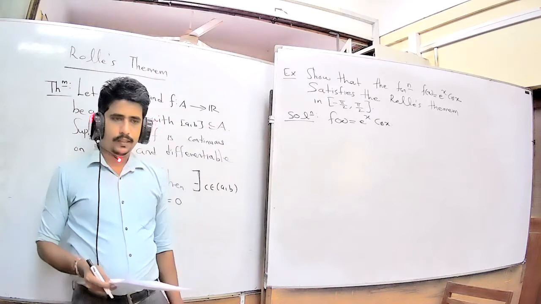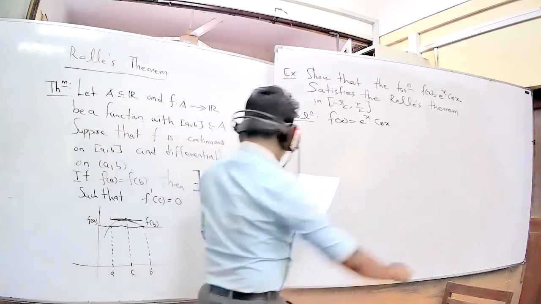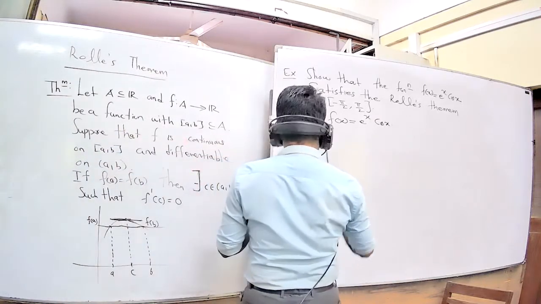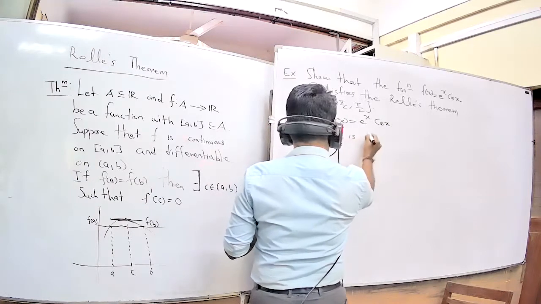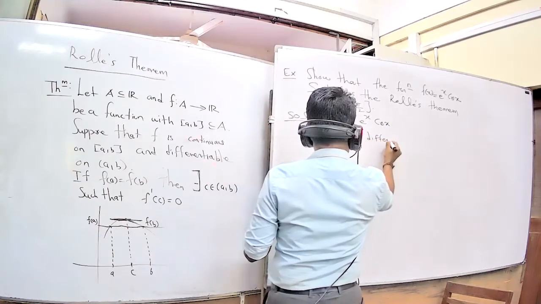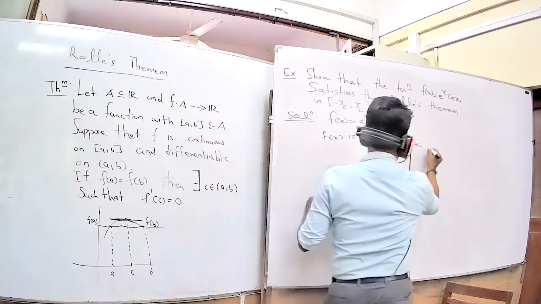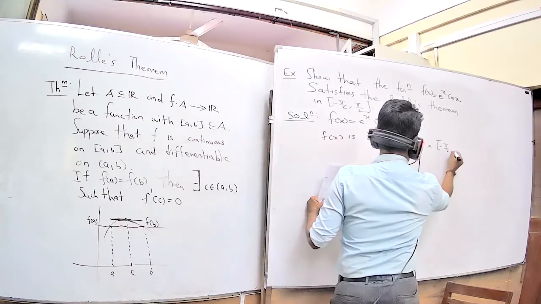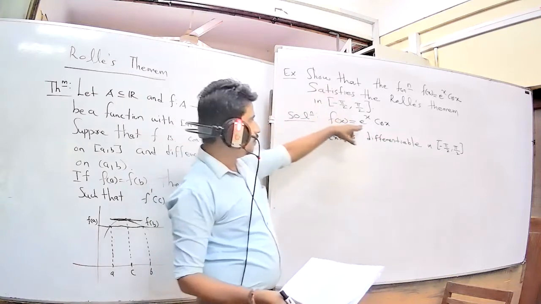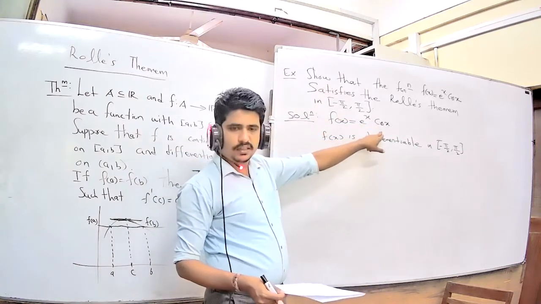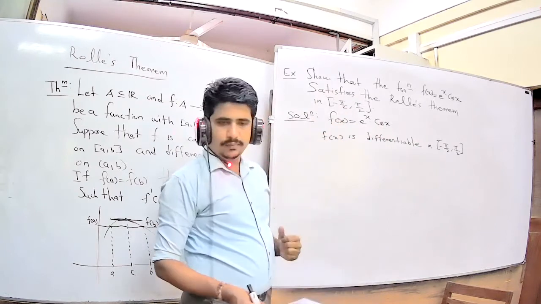First, f of x is differentiable in minus pi by 2 to plus pi by 2. Why? Since e power x is a differentiable function and cos x is a differentiable function, the product function is also differentiable, therefore f is a differentiable function.